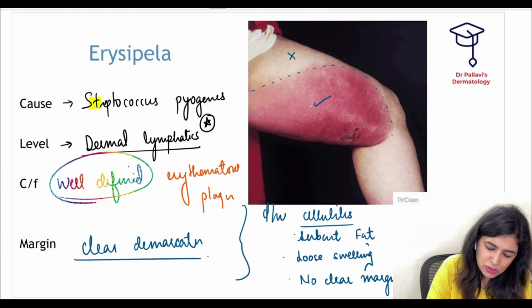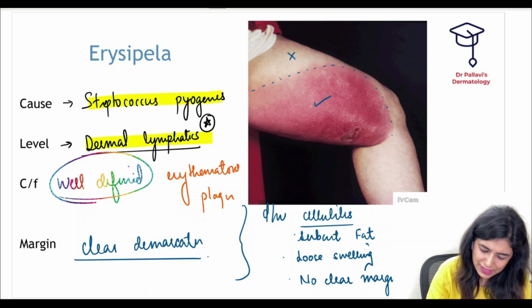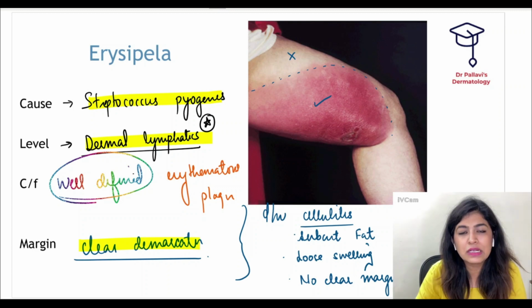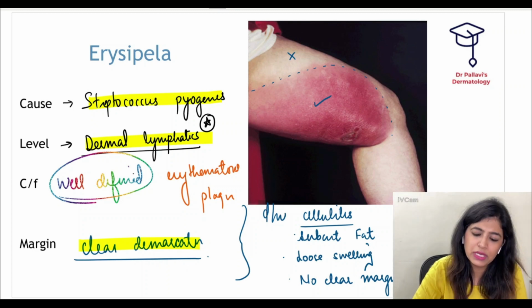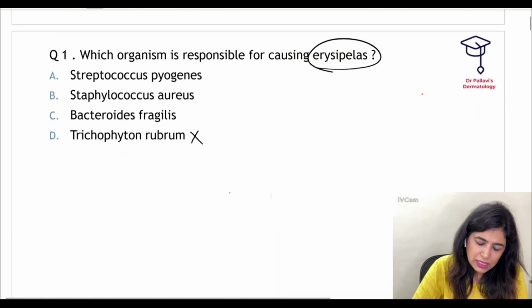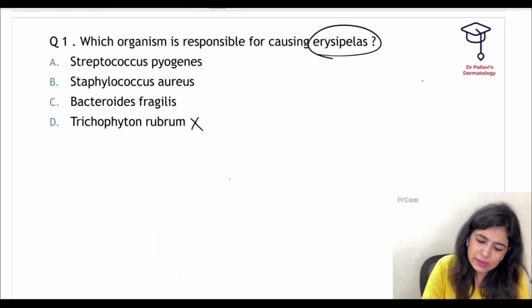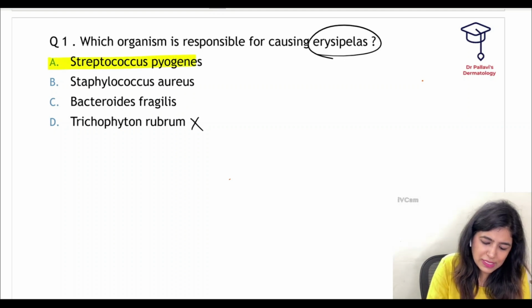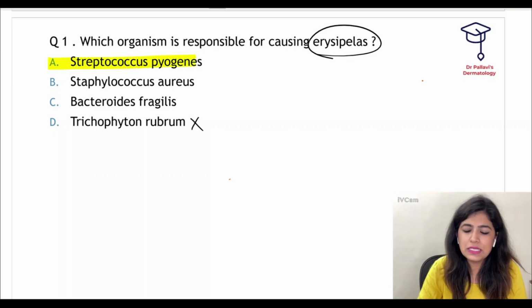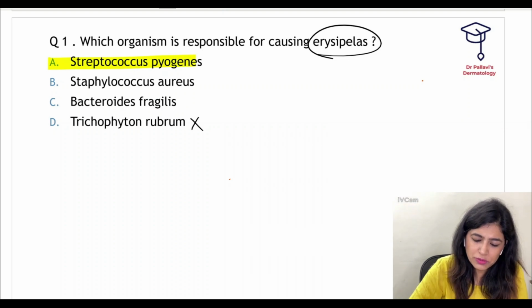Points to notice: caused by Streptococcus pyogenes, involves dermal lymphatics, and it has a clear demarcation between the involved and the uninvolved skin. Coming back to the question, which is the organism responsible for causing erysipelas? The answer is option A, that is Streptococcus pyogenes.